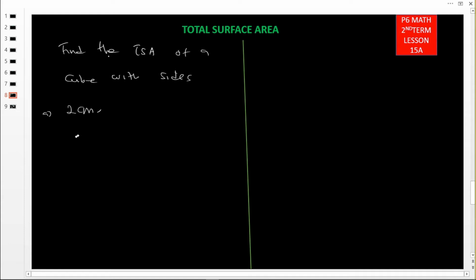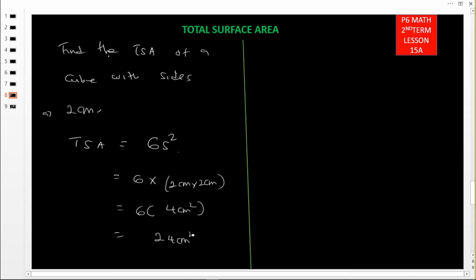Here it is very simple, we just say total surface area is equal to 6 sides squared, then 6 times our side, which is 2 centimeters squared. So 2 times 2 centimeters, so we have 6 into 4 centimeters squared. This is 6 times 4, that is 24 centimeters squared. So its total surface area is 24 centimeters squared.